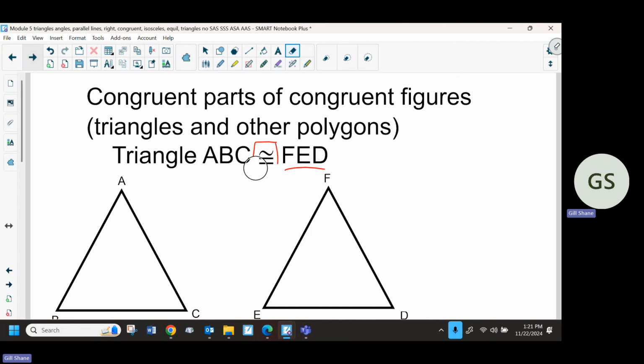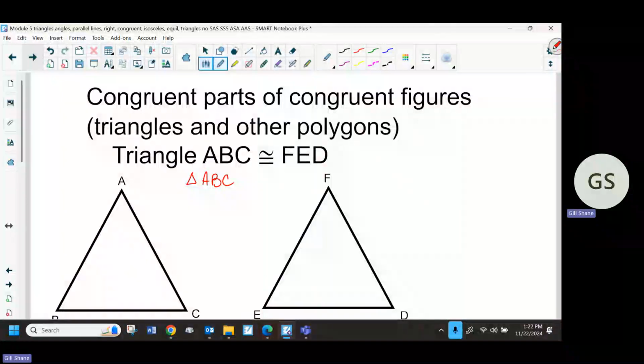So with that in mind, typically you'll see a triangle symbol, not really the word triangle, but same thing.